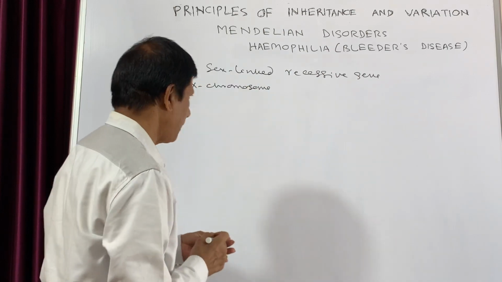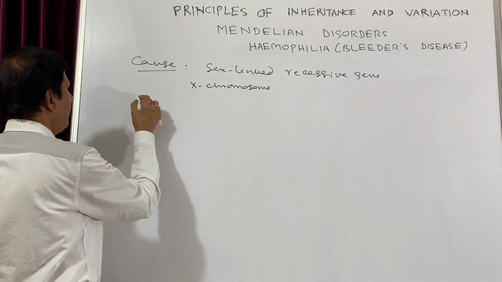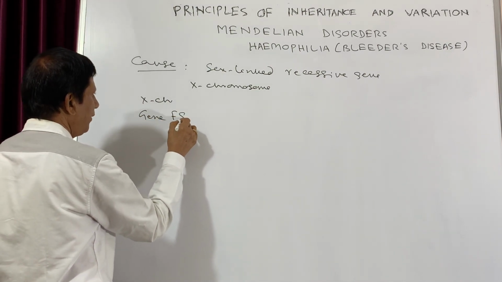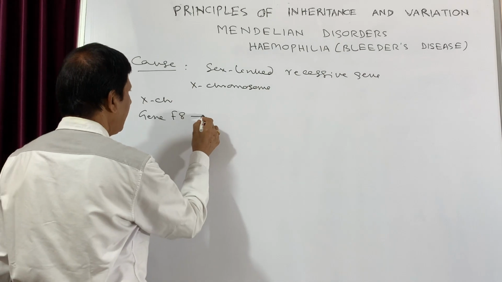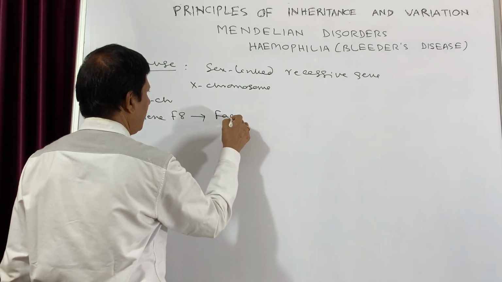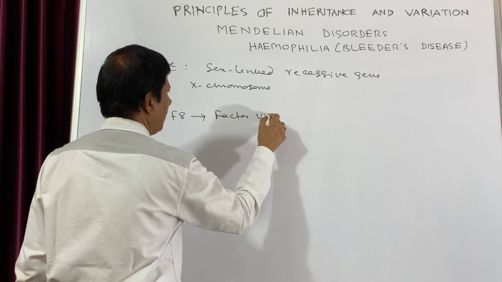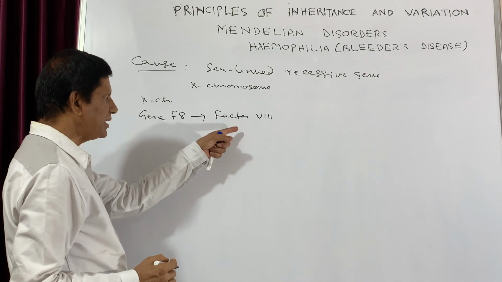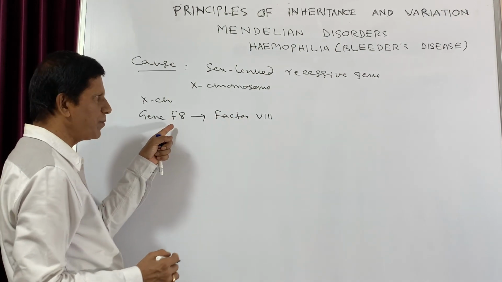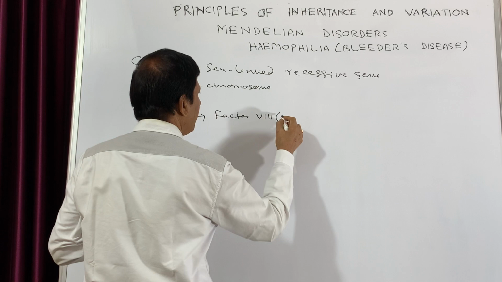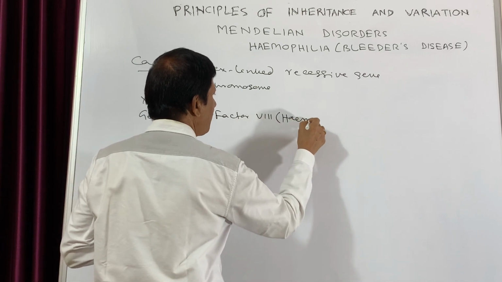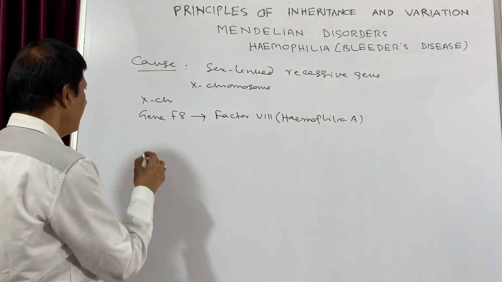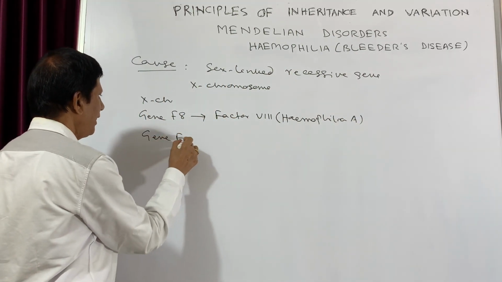So what usually happens? In the X chromosome there is one gene, we can call it F8. Usually it produces factor 8. If this factor 8 cannot be synthesized due to a defect in this gene, then it will cause hemophilia A. Similarly, suppose the gene F9 is there.